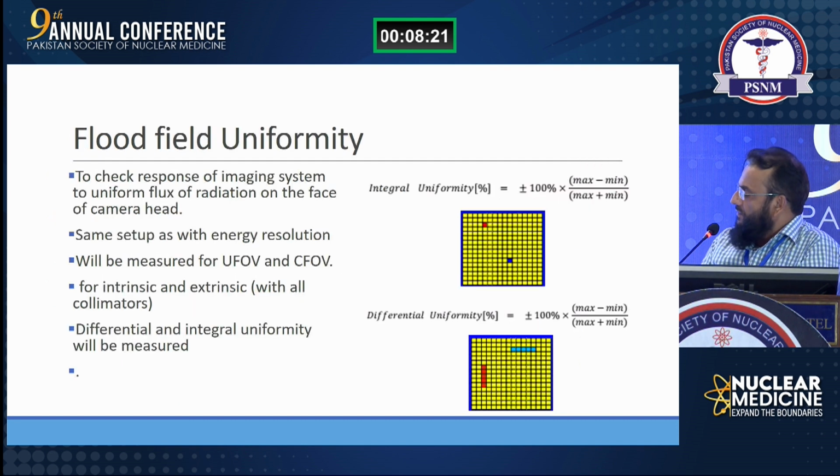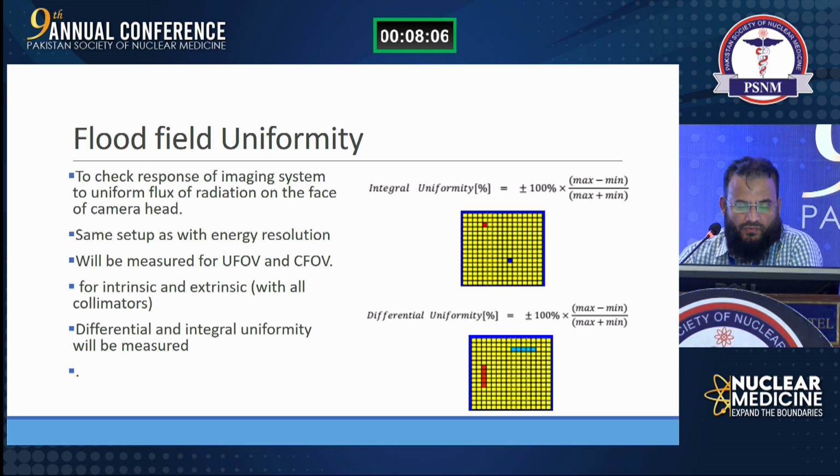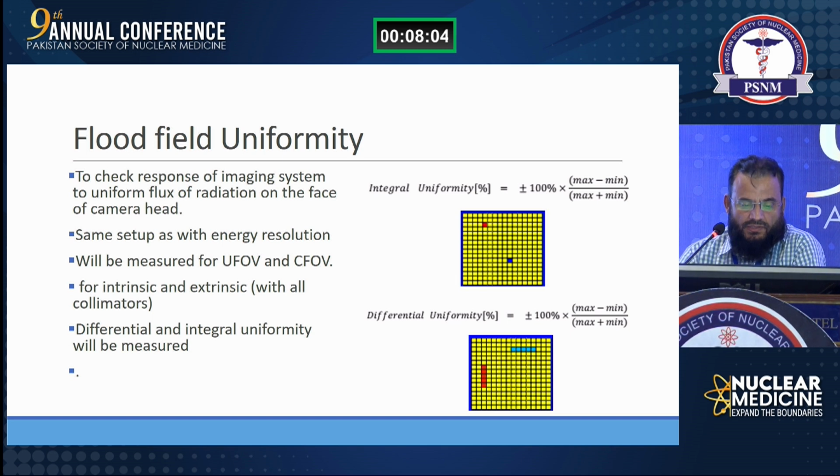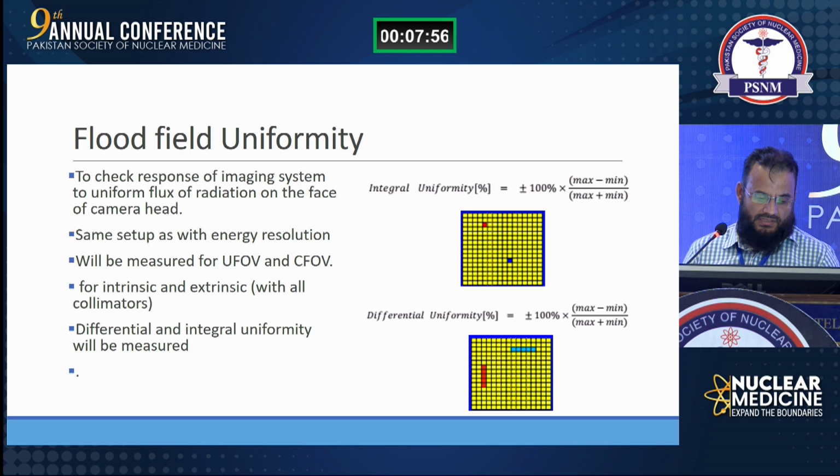The next test is flood field uniformity, to check the response of the imaging system to a uniform flux of radiation on the surface of the camera head. The same setup as with energy resolution will be measured for UFOV and CFOV. CFOV is basically 75% of the useful field of view, which is the whole size of the crystal. For intrinsic and extrinsic, these tests are measured separately.